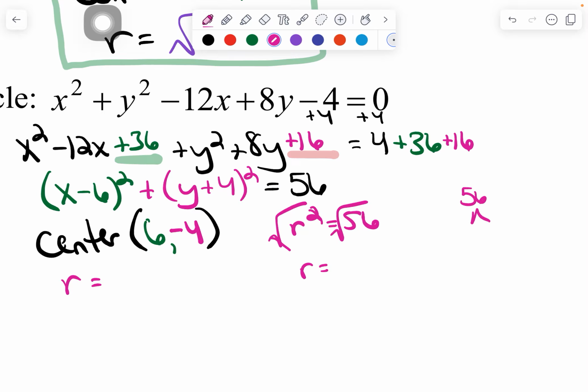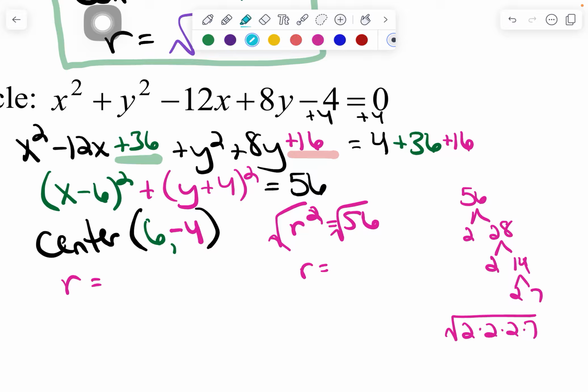So let's see, 56, if I take out a 2, that's going to be, what would that be, 28? And then if I take out a 2 there, that's 14. If I take out a 2, that's 2 and 7. All right, so yeah, that looks good. So that's going to get me 2 times 2 times 2 times 7.